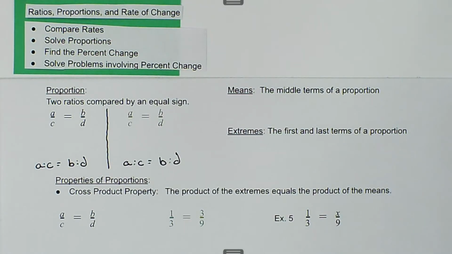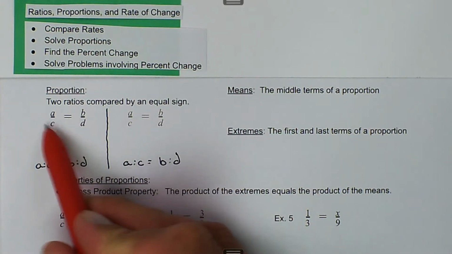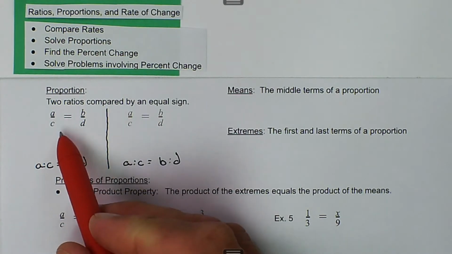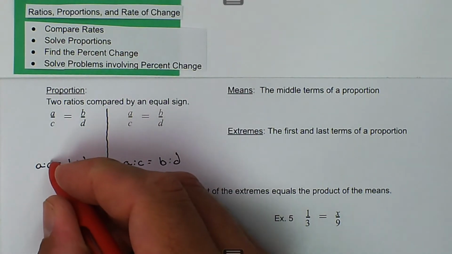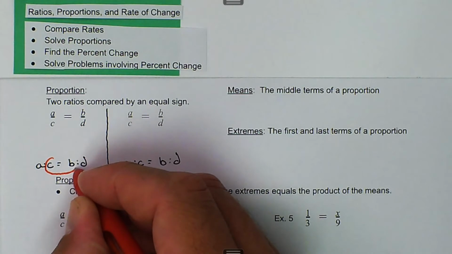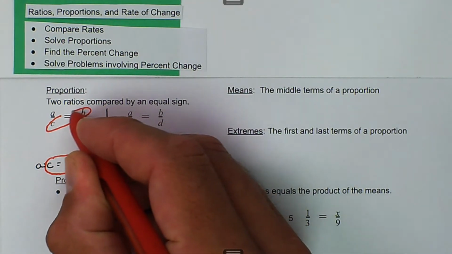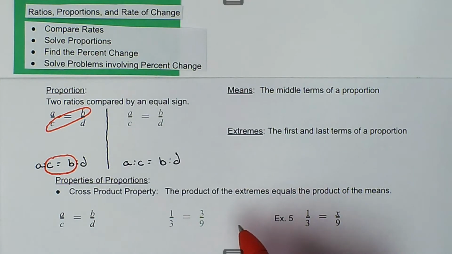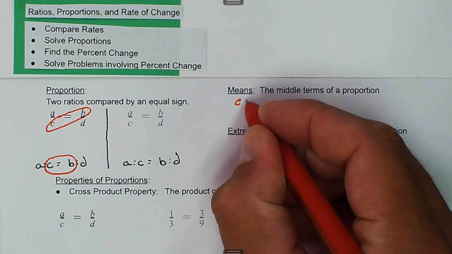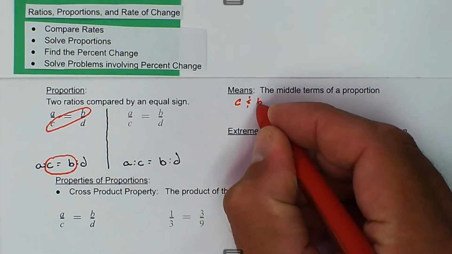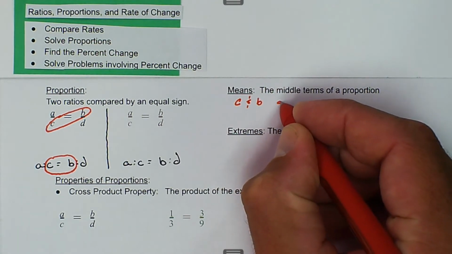So the means, in this case, are the middle terms of the proportion. It's kind of hard to see the middle terms as it's written like this, but when it's written the other way, we can see that our middle terms are the two terms in the middle. So really, C and B are the middle terms.